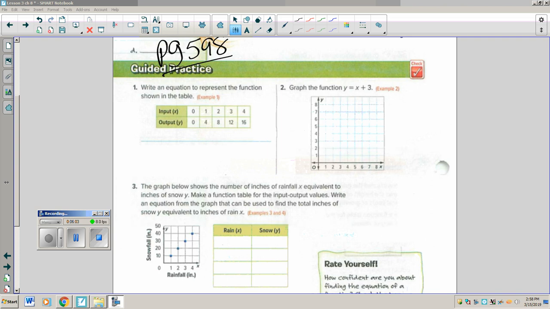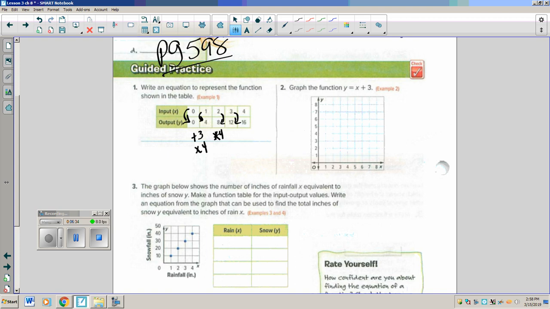Page 598, number 1. Write an equation to represent the function shown in the table. Find the pattern. 0 went to 0. That didn't help. 1 went to 4. I could have added 3. 2 goes to 8. Could have multiplied by 4.